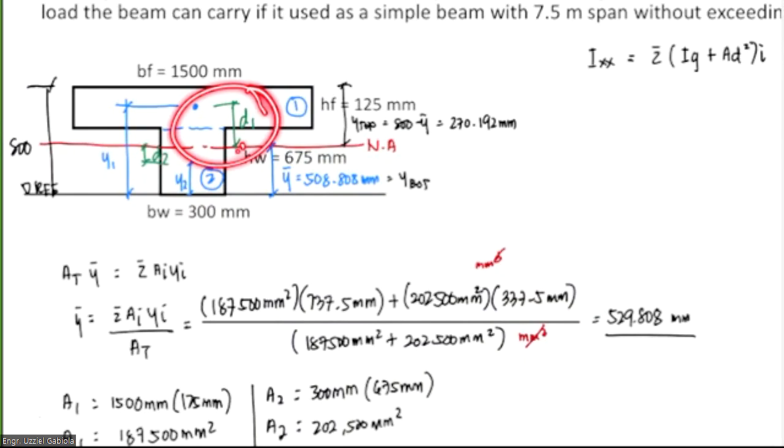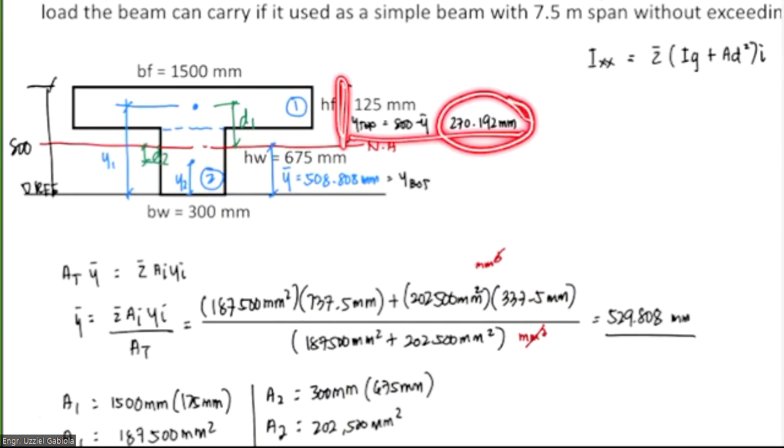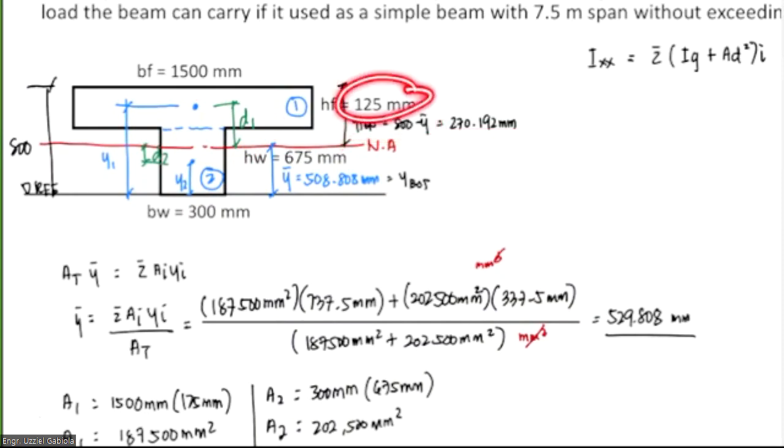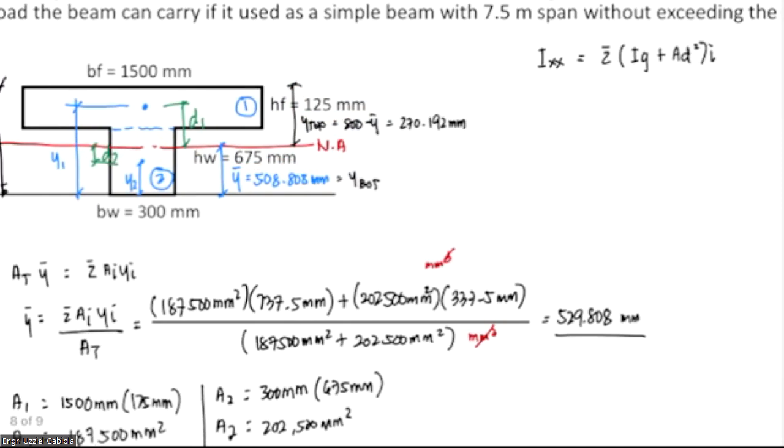We have the total height of this, which is y top, which is 270, minus 125, half of 125, which is this one. Then for D2, we already have this distance. We just need to subtract half of 675 to get D2. Okay, so let us perform that.